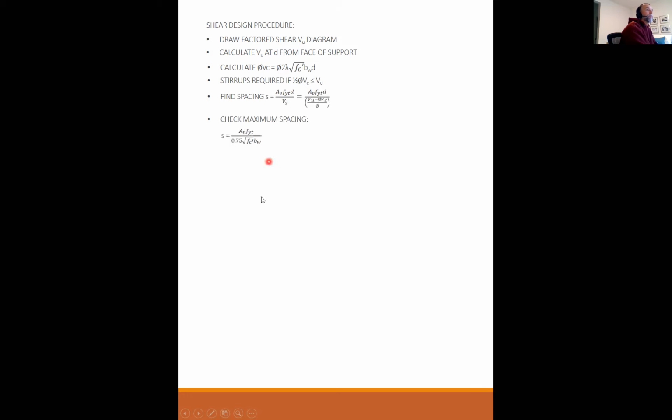Check your maximum spacing. These two are based on the minimum shear steel. And if Vs is less than 4 square root f'c bw d, you have d over 2 or 24 inches. If it is greater than 4 square root f'c bw d, then it is d over 4 or 12 inches. Then you confirm that your Vu is less than this maximum.